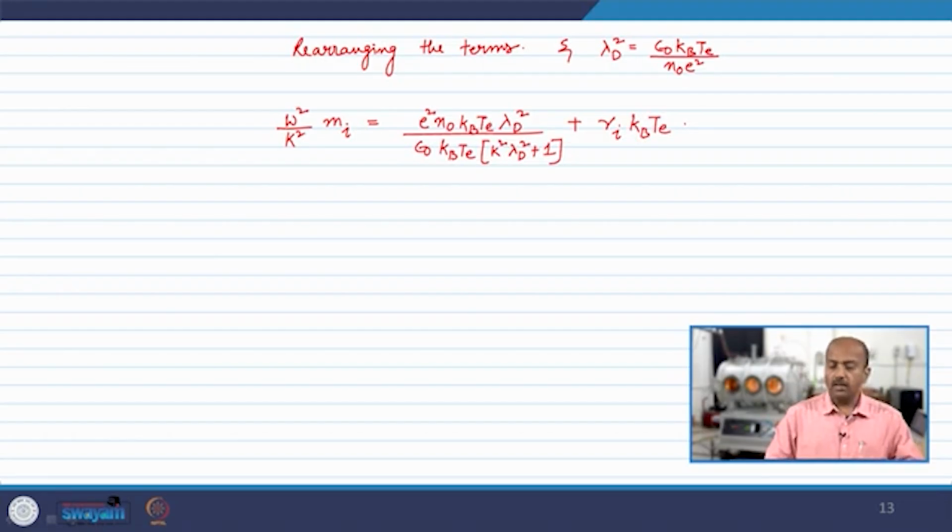I have multiplied both numerator and denominator with kB Te in the first term on the right hand side.